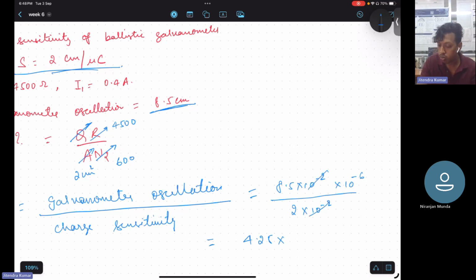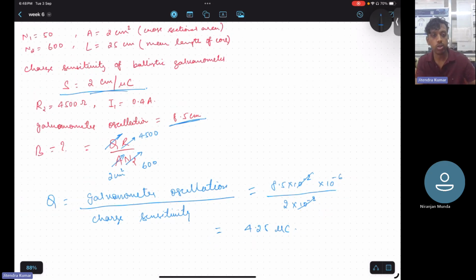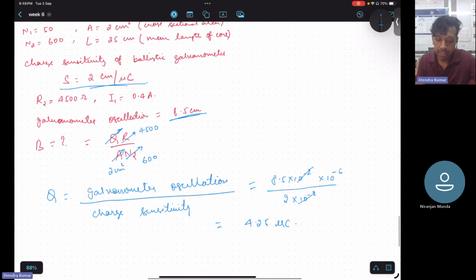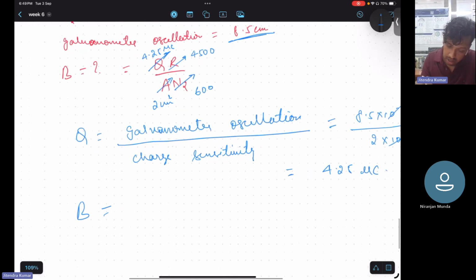So 4.25 microcoulomb. So that much charge is present in the circuit. Now we need to calculate magnetic flux density. So we now know all the parameters. It is also 4.25 microcoulomb. So we just need to compute.